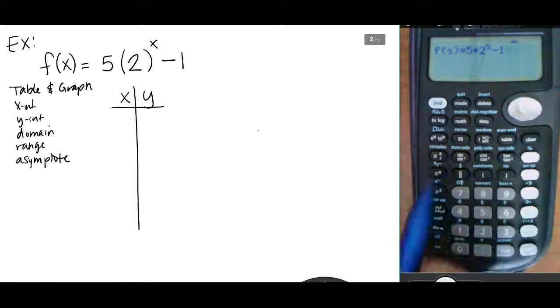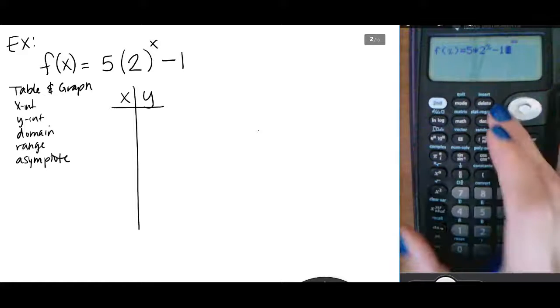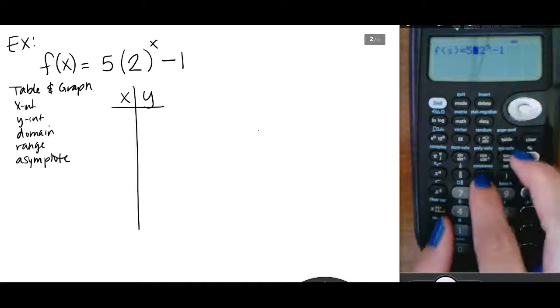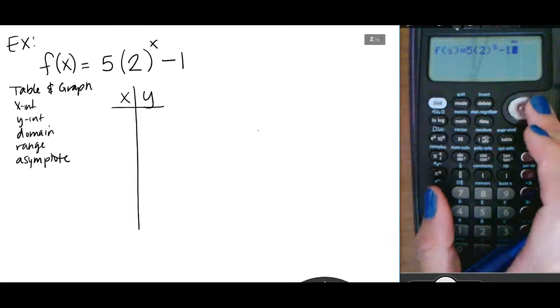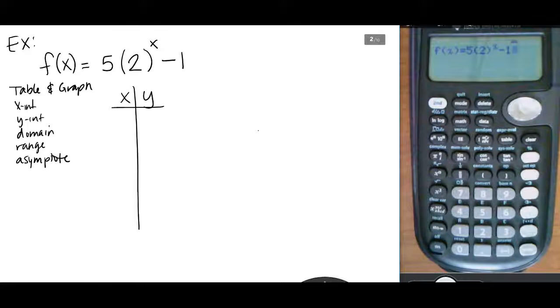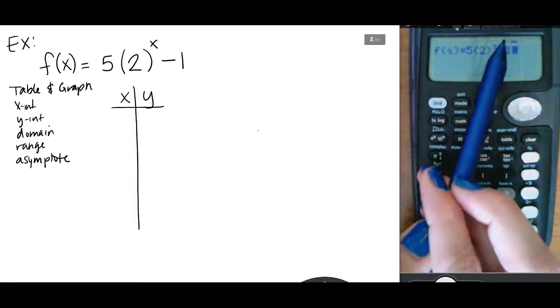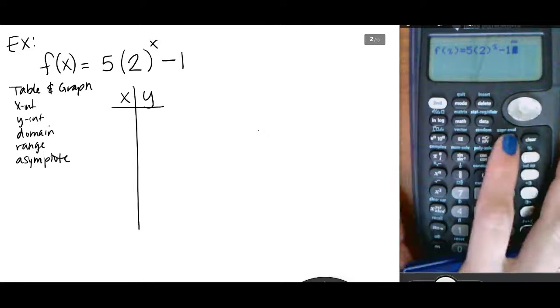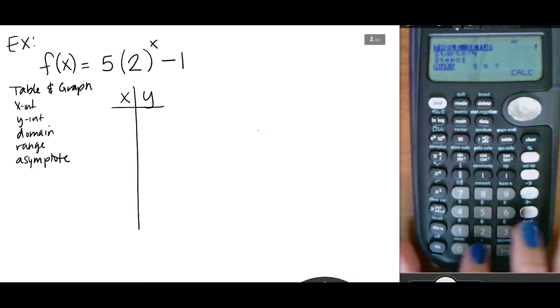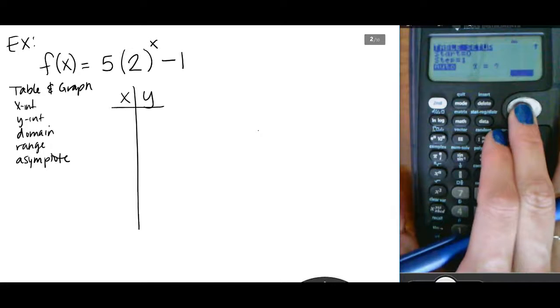The nice thing is as long as this matches, and if I really was paranoid, I could even go ahead and change this so it looks exactly like the function that I was given. There's no way I can make a mistake because the calculator knows exactly what to do, even if I might make some mistakes. So I'm going to start this at 0 and calculate.